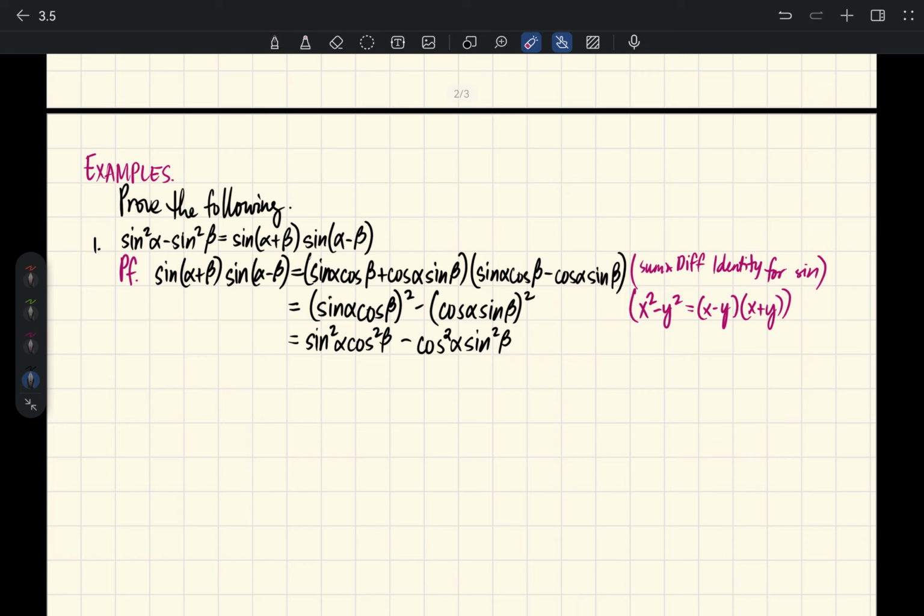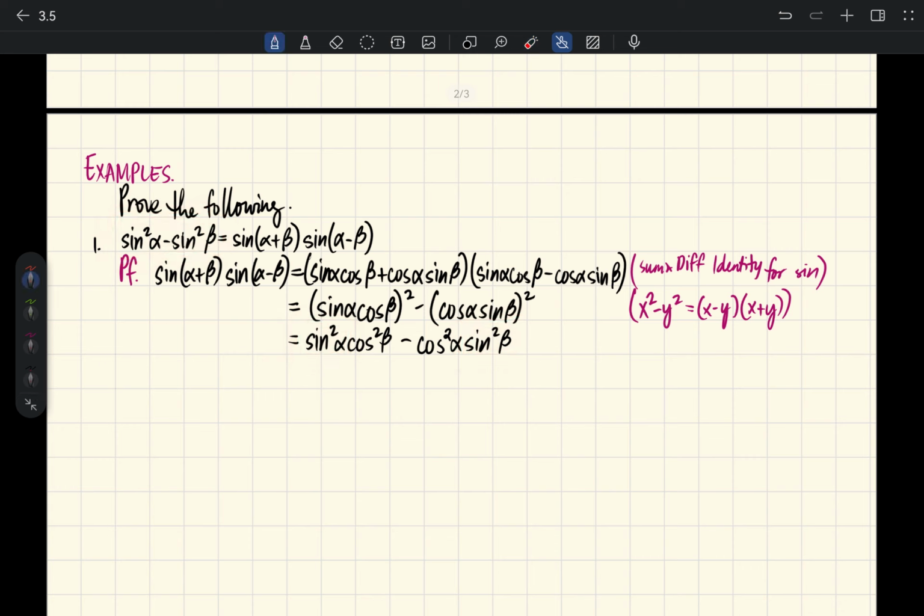And if we will look closely, what we want is to get this one right here, sine squared alpha minus sine squared beta. And right now you have sine squared alpha here and sine squared beta right here.